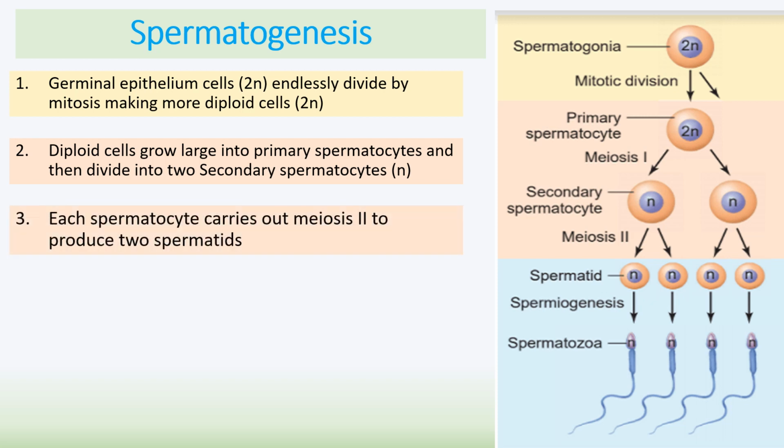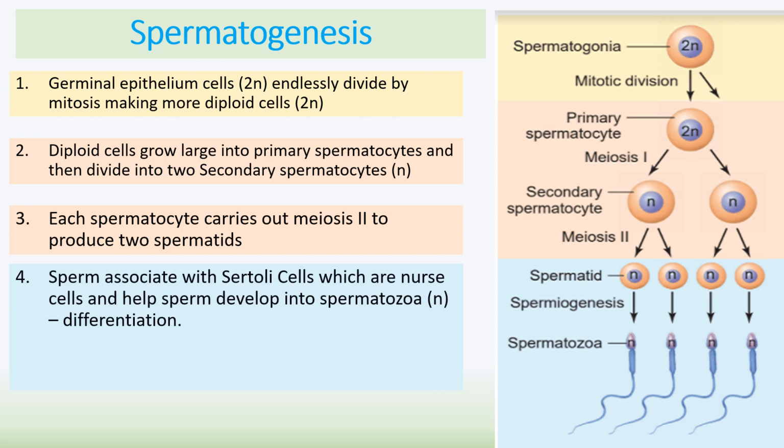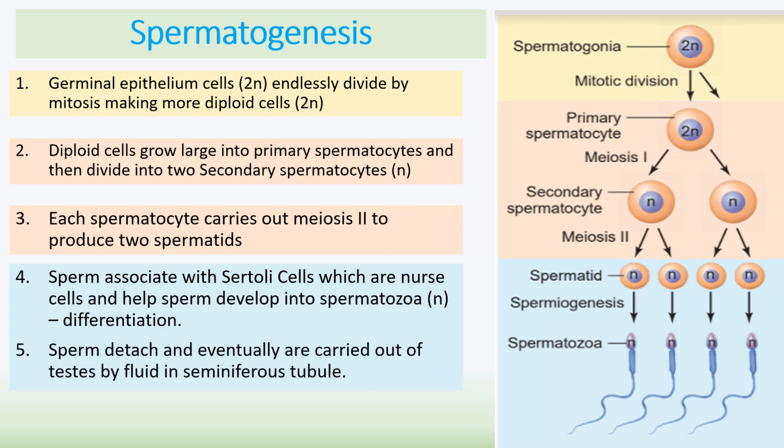Each spermatocyte then carries out meiosis II to produce two spermatids, and the Sertoli cells, which are called nurse cells, help sperm develop into spermatozoa, so they differentiate in the blue stage. The sperm then detach and eventually are carried out of the testes by the seminiferous tubule.